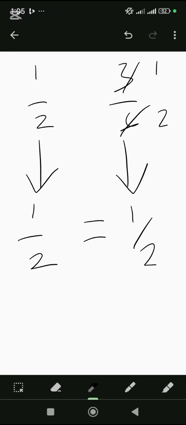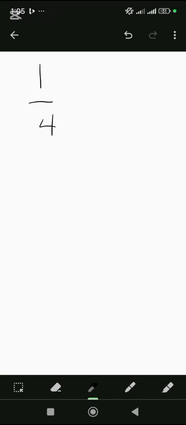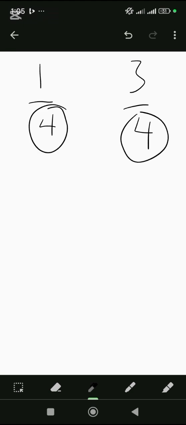Now, we can have also other kinds of fractions. When we have fractions that have the same denominator, like this, say 1/4 and 3/4. In this case, the denominators are the same.